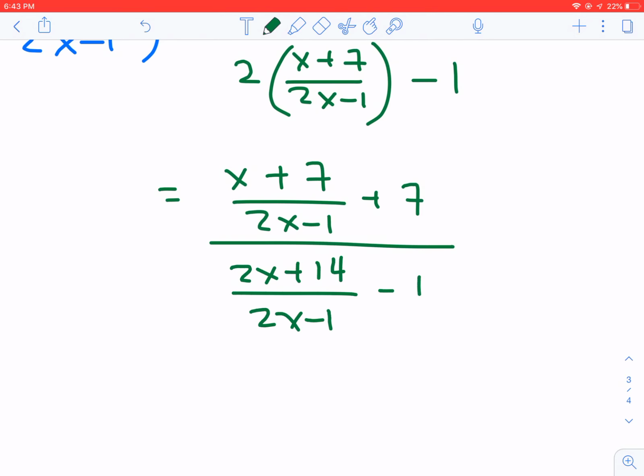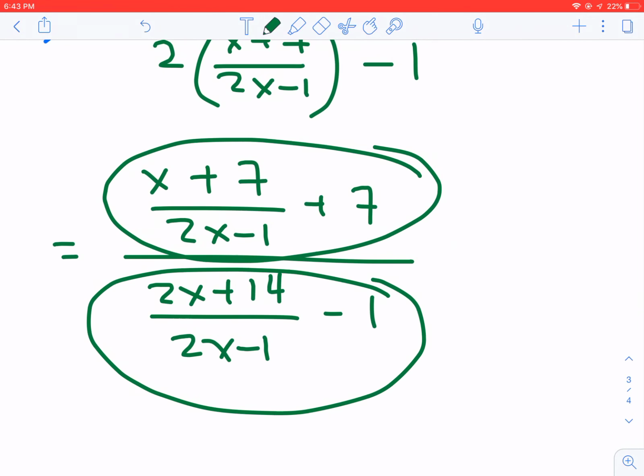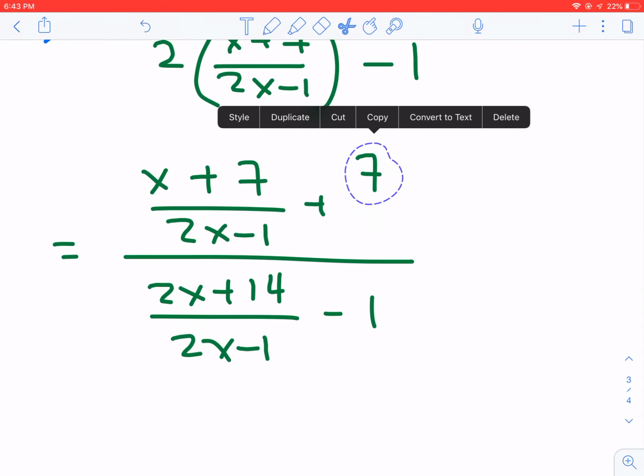So if I look at the top and the bottom, right, I have 2x minus 1 in both denominators of those smaller fractions. So the LCD of all 4 fractions is just 2x minus 1. Right? I can make this 7 over 1 if I want. Make that 1 over 1.